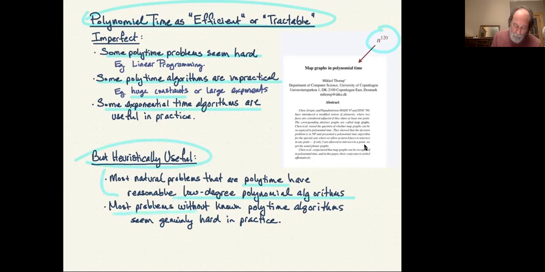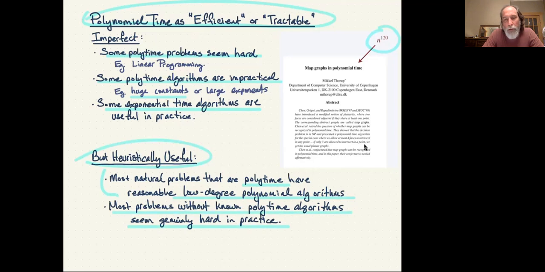And the second thing is that most problems that don't have polytime algorithms, or are not known to have polytime algorithms, do seem to be genuinely hard in practice. So there are problems that we only have exponential time algorithms for, and people really run those algorithms in practice and get solutions. But it's usually very tricky if you make the instances slightly bigger.